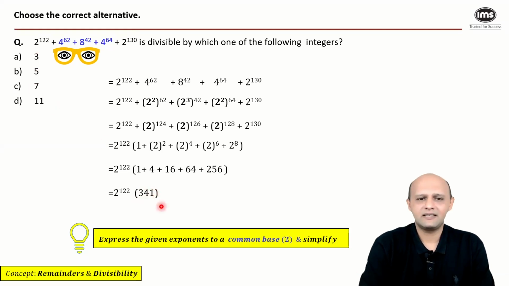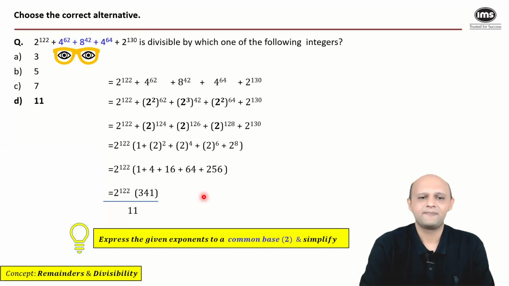And is this divisible by 7? No, because the number before 343 which would be divisible by 7 is not 341, so this is clearly not divisible by 7. Now, if you notice, this number is basically divisible by 11. So what is the answer to the question? Option D, 11.